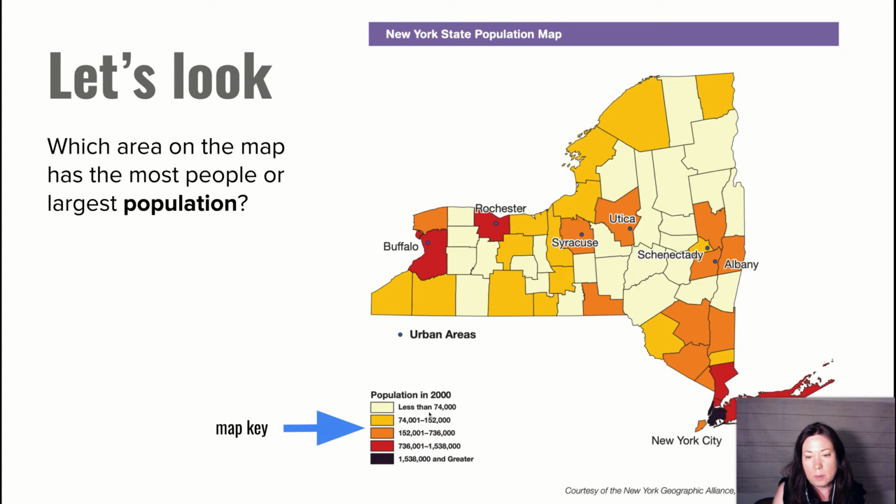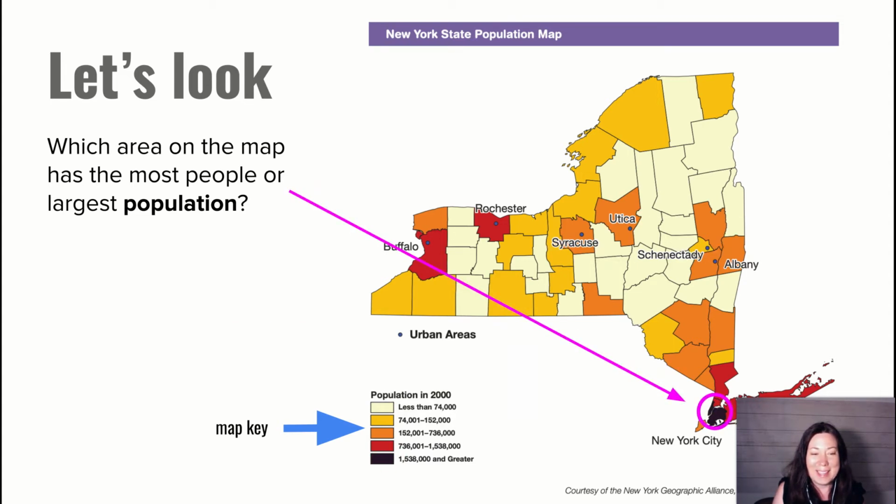Well, I noticed that the number is much smaller here. And this number is the largest number. So that must mean the largest population. So I need to look for this dark red or almost black color. Where do we see that?